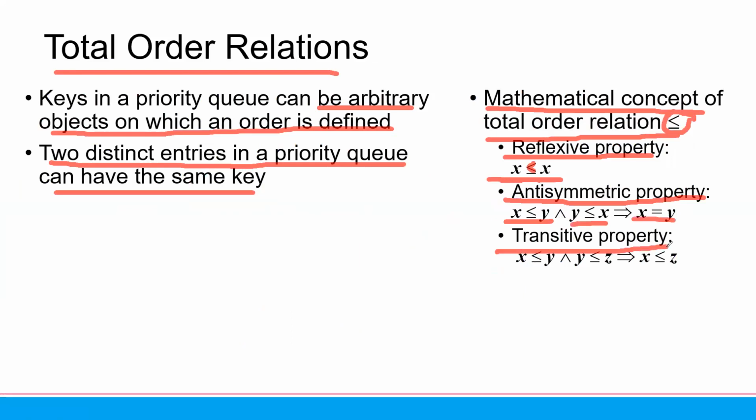We can also have the transitive property. If x is first than y and y is first than z, then I can say that x is first than z. So this is the total order relation for this priority queue.